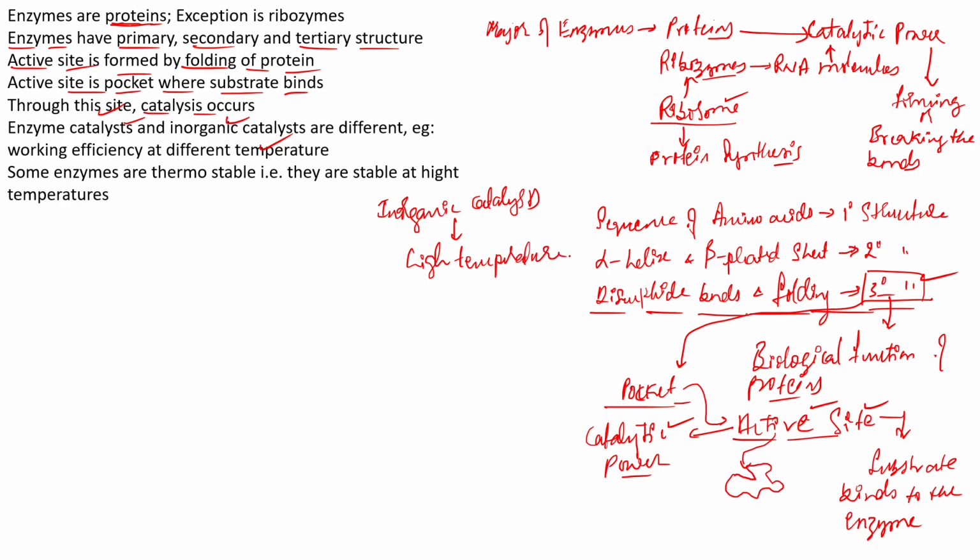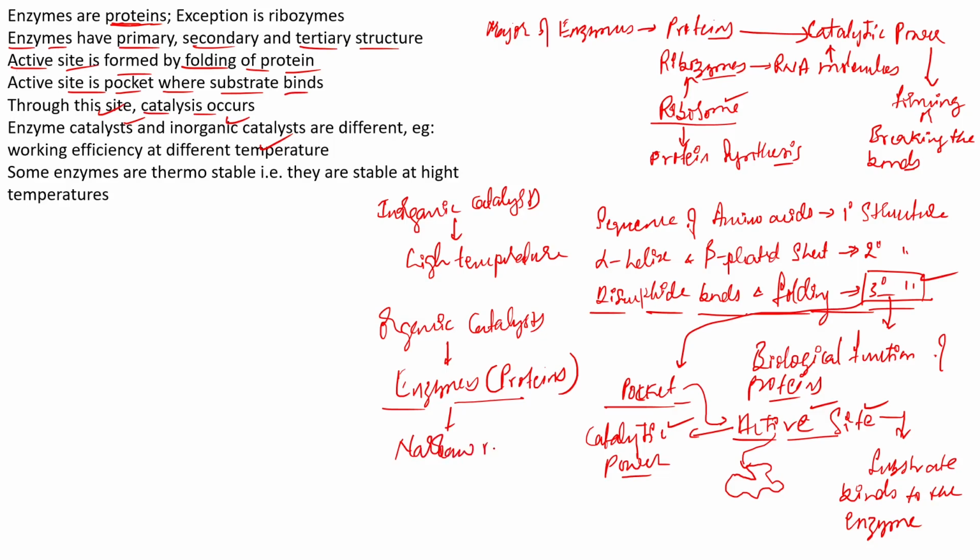But in the case of organic catalysts, mainly we are speaking of enzymes. And we know that enzymes means mainly the proteins. Now these enzymes, that is the proteinaceous enzymes, they work at a narrow range of temperature. They don't work at every temperature.